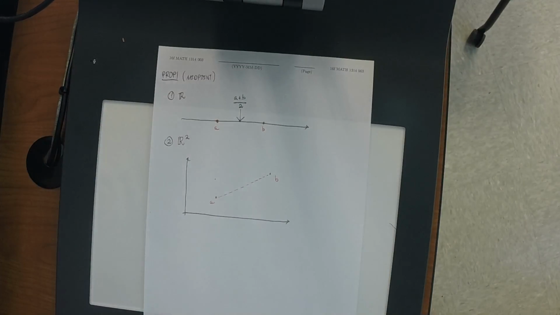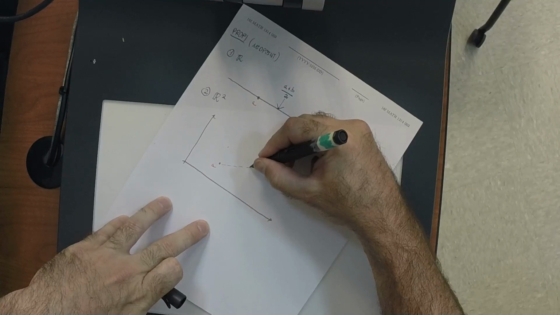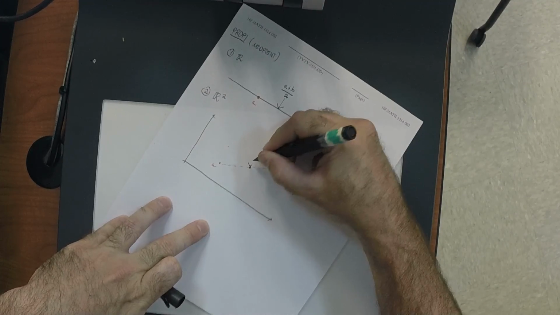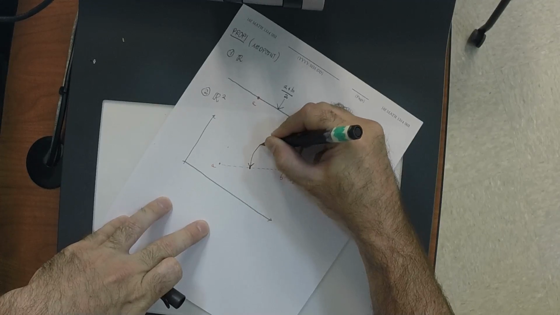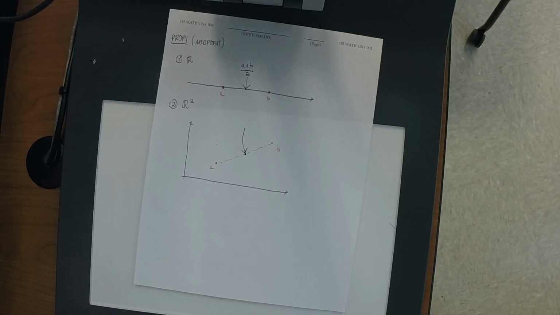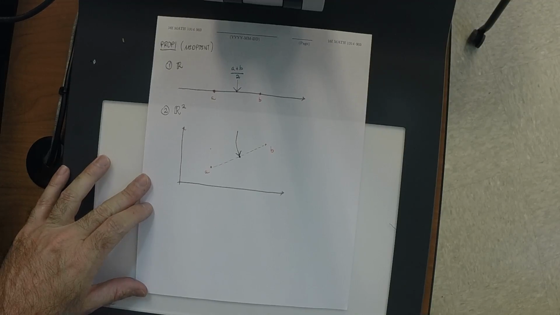And what we want is the point on this line segment that is exactly halfway between them. So we want this point. Okay, but it's forbidden for you to get out your ruler and do any of that. Okay. So, how are we going to do it?